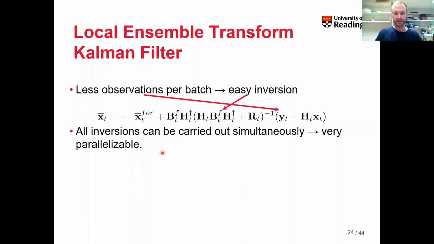Now, the additional benefit of doing that, apart from increasing the rank of the matrix, is that the matrix you have to invert becomes a lot smaller because you're only working with a limited amount of observations, which means that it's easier and faster to invert the matrix, or equivalently solve this linear system.